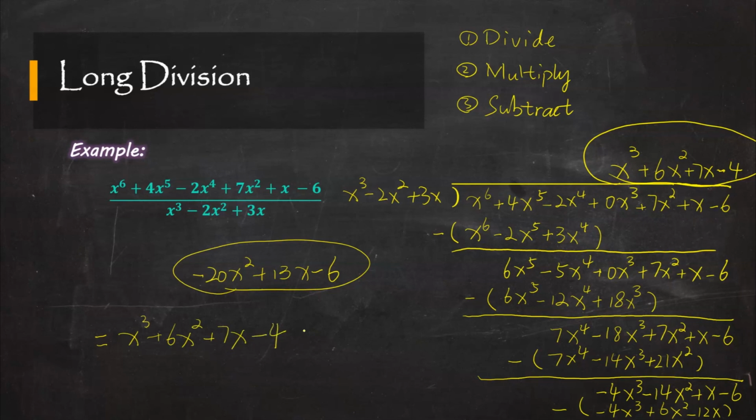And now is the fraction part. So we have negative 20x squared plus 13x minus 6. It's all over x cubed minus 2x squared plus 3x. So that is the final answer.